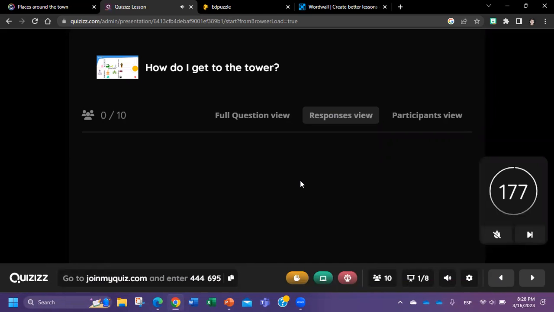The first question is, how do I get to the tower? I want you to focus on the location point and try to give me the best answer. How do I get to the tower? Type your answers, please.